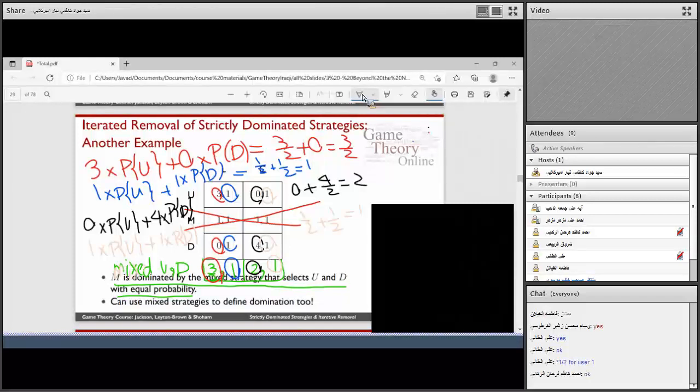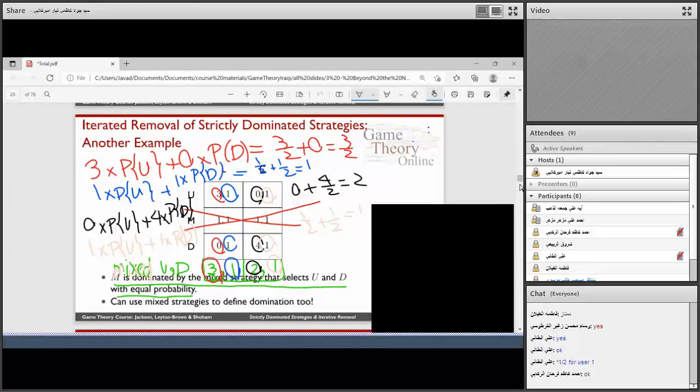So if we do a mixed U and D, these will be the gains on average. And if we define a strategy, not an action, but a strategy, which is mixed U and D, then M is dominated by that. Yes, Doctor. Thank you. No problem. That would be it.